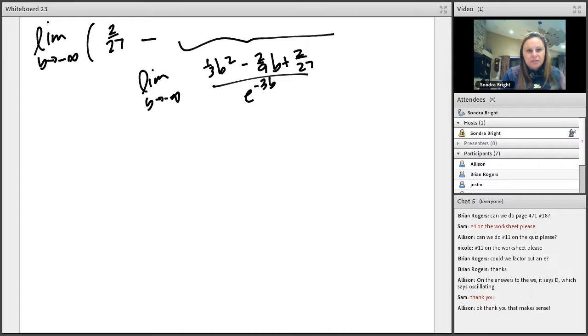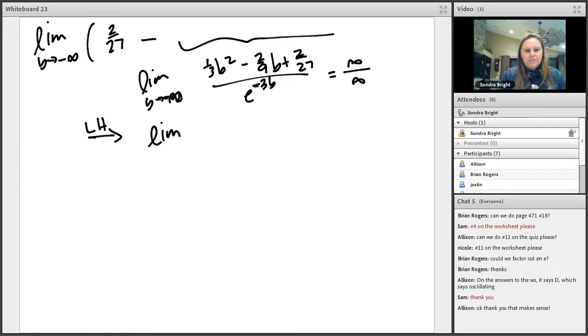Okay, so that's what I just wrote on there. Now when you plug in a negative infinity, a negative infinity squared would be a positive infinity minus a negative infinity, another positive, so this is an infinity over, when you plug in a negative infinity in here, it ends up being a negative of a negative, so it's positive infinity. So that means I can do L'Hopital's rule.